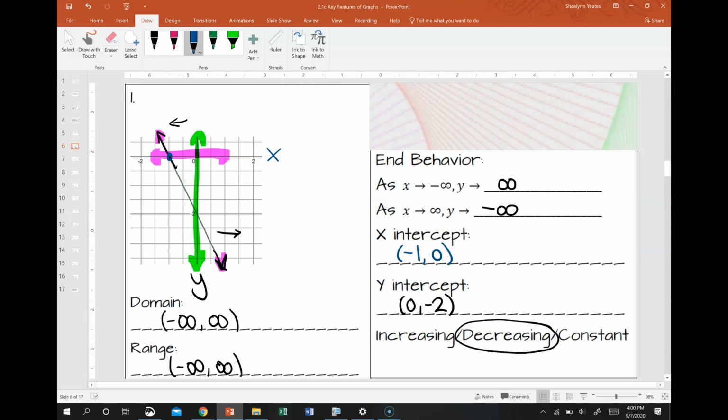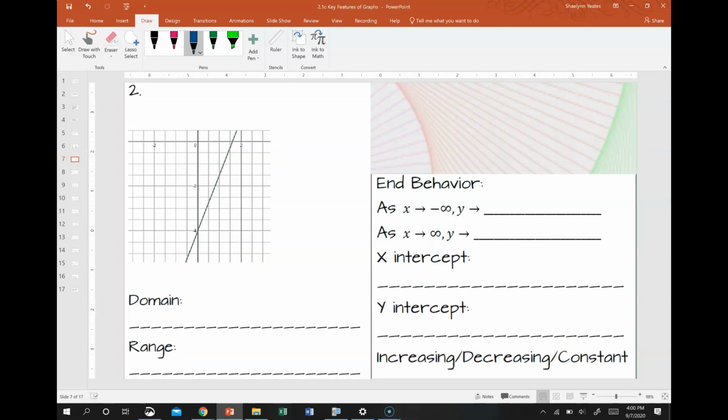All right, hopefully that one went okay. It was a lot of information. Let's try it again. So if you'll notice, this one again is a straight line. My domain is going to be from -infinity to +infinity because it takes up my entire line right there. Then my range, same thing. It's -infinity to +infinity.